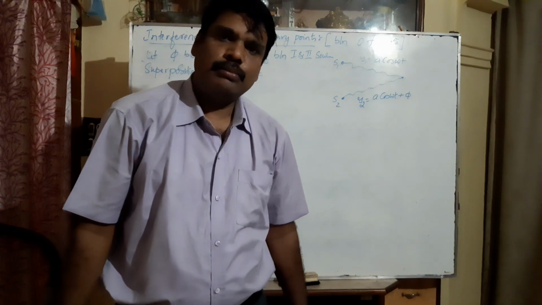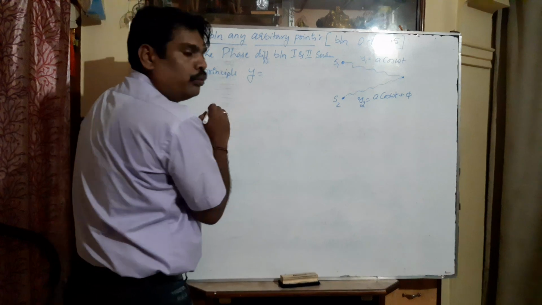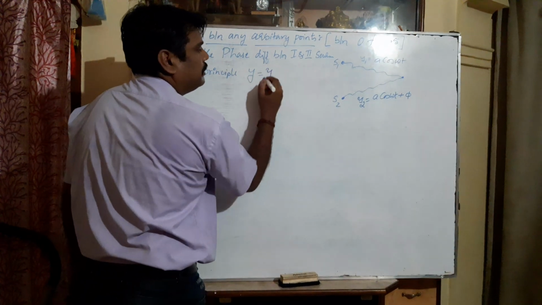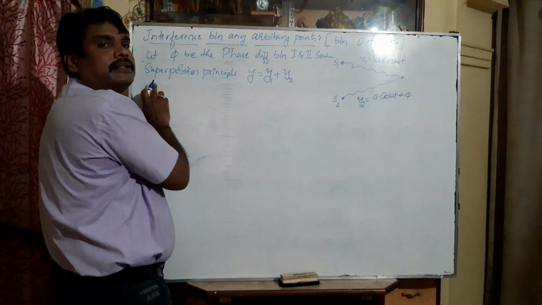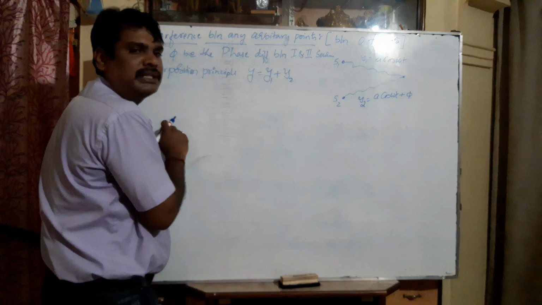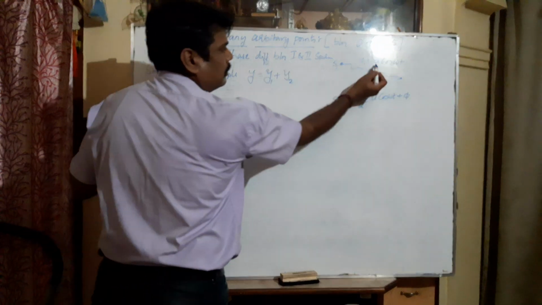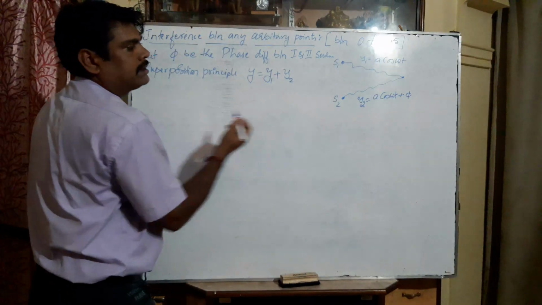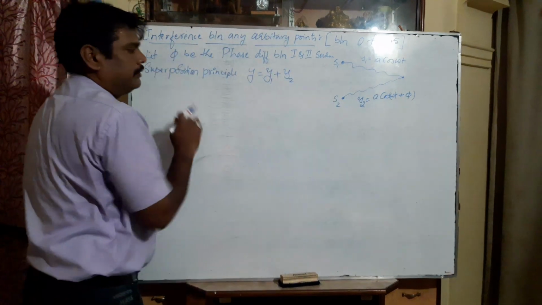There we have considered both magnitude and direction while adding any two waves when they are superposed. So the resultant wave is y, and the individual waves are y1 and y2. The sum of these two gives the resultant wave according to the superposition principle. Clear now? Then substitute the values. y1 is equal to a cos omega t and y2 is equal to a cos of omega t plus phi. So what is phi? The phase difference.